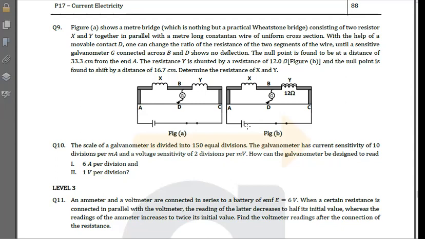Otherwise it is easy. नाइन्थ बस देखने के लिए बड़ा है. चलो. Now let us see question number 9.